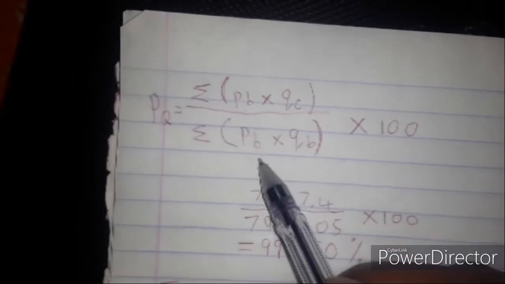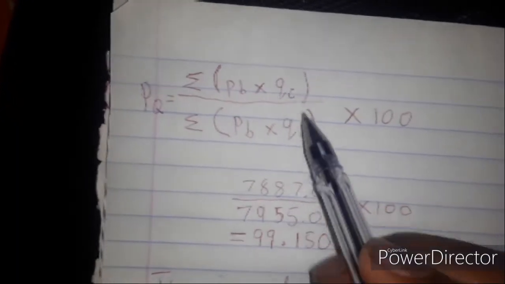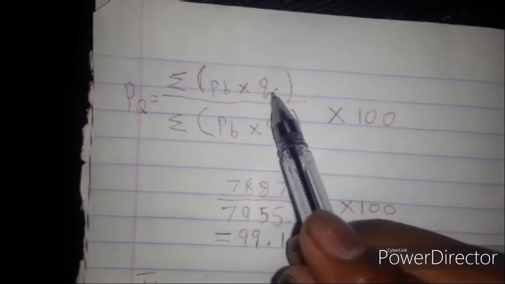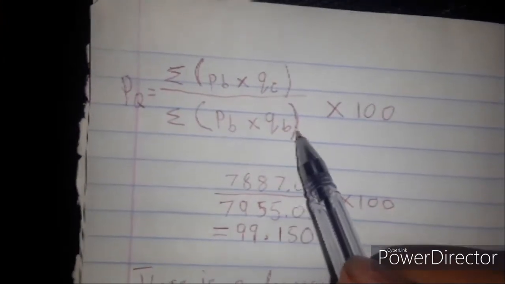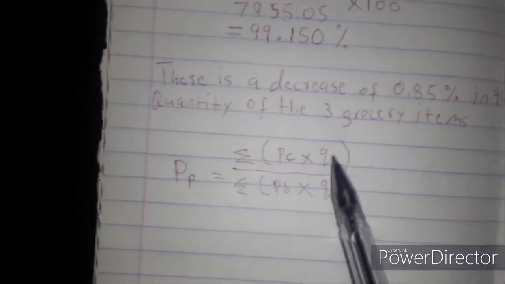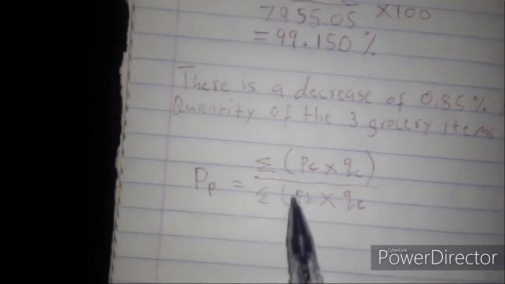We were using the base prices, but the quantities were changing. Here there was QC and QB, but here the QC are the same, the quantities are the same, but the prices are not the same.